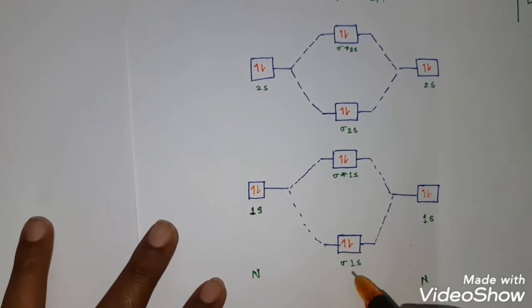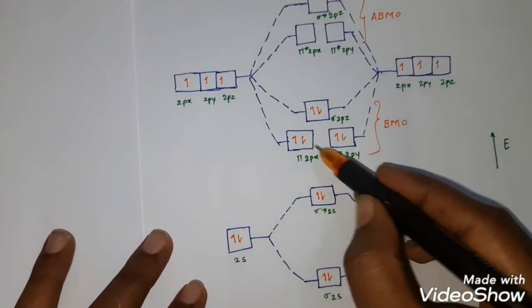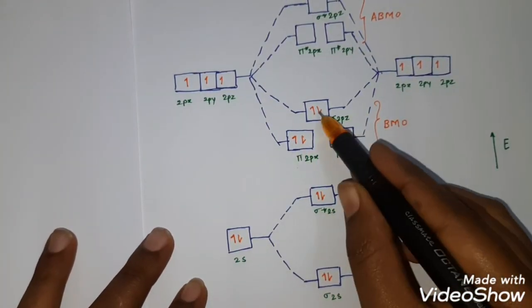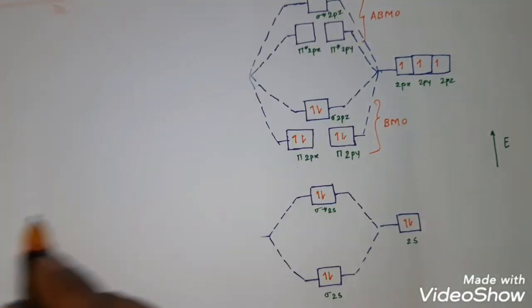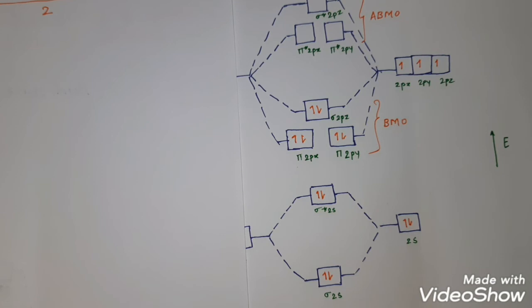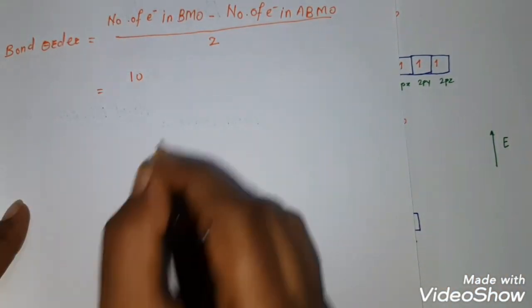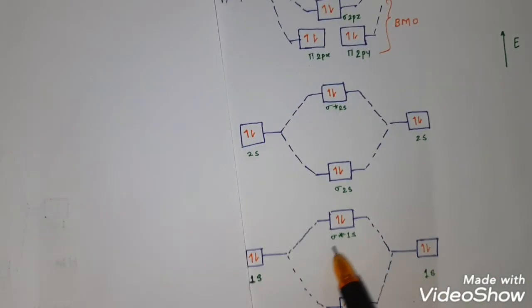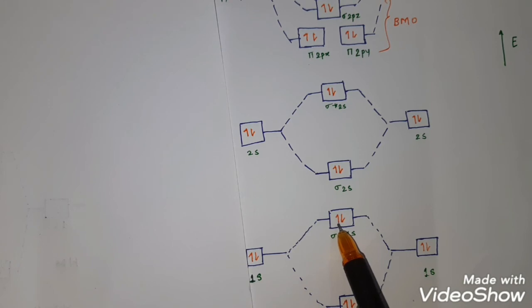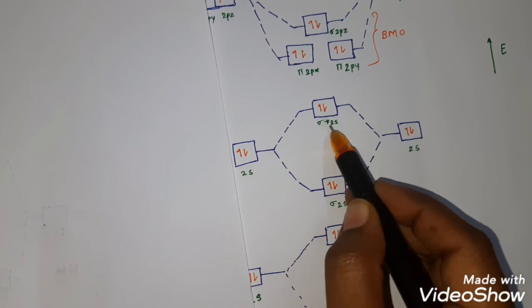Let's calculate the bonding molecular orbital electrons: 2 electrons from 1s, 2 electrons from 2s, that is 4, and 6 electrons from the 2p orbitals. So we have 10 electrons in bonding molecular orbitals, minus 2 electrons from sigma star 1s and 2 electrons from sigma star 2s.